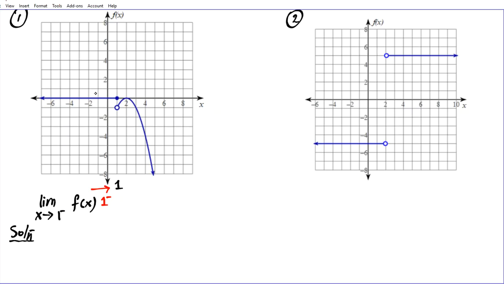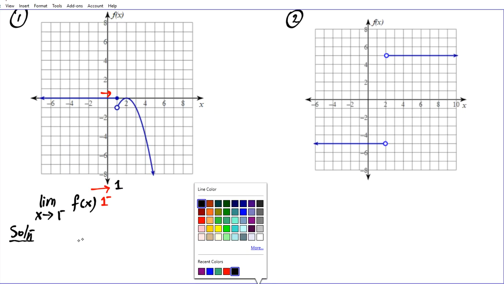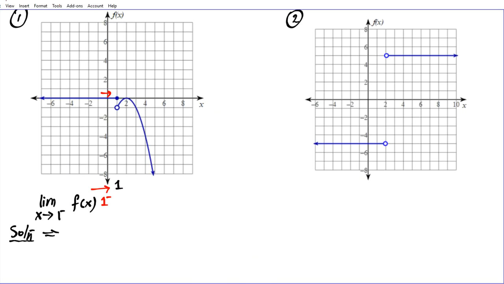And you notice that this horizontal line is approaching a point, this point right here. So in this particular example, we are approaching a point. That's case 1. And do you remember what the limit is when you're approaching a point?